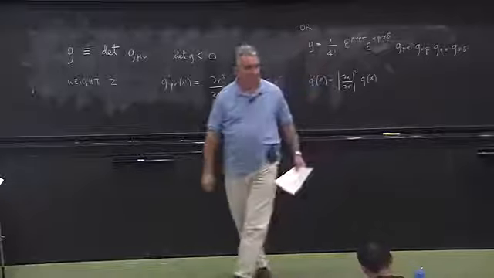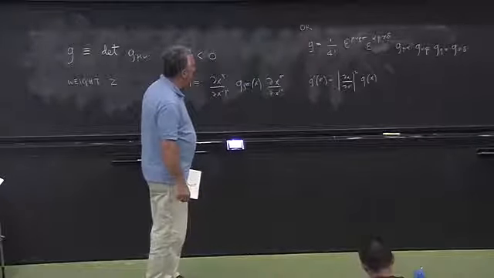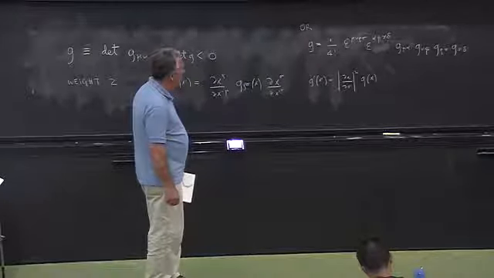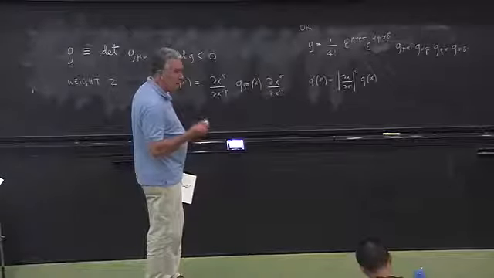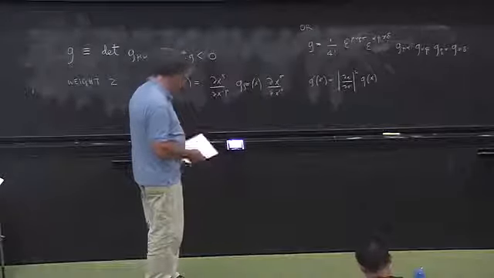That combination is just the determinant. And since epsilon had weight 1, from our rule of products, g has weight 2.